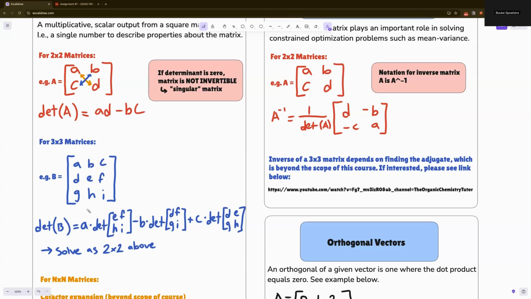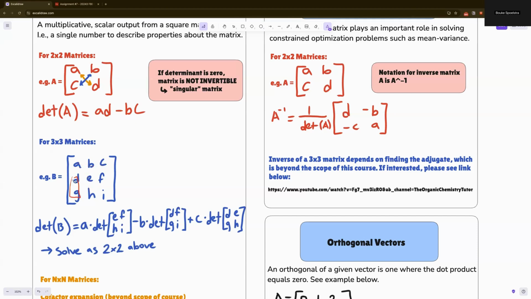So you would take the value of A multiplied by the determinant of this box that does not include A's row or A's column, minus B, you're holding this row and this column constant, minus B times the determinant of what is left when you take these off, right?